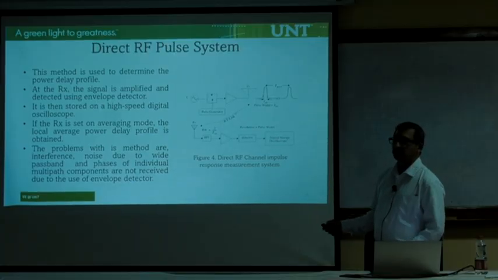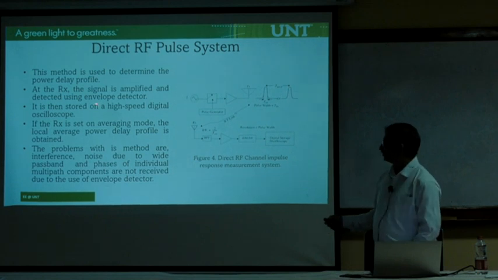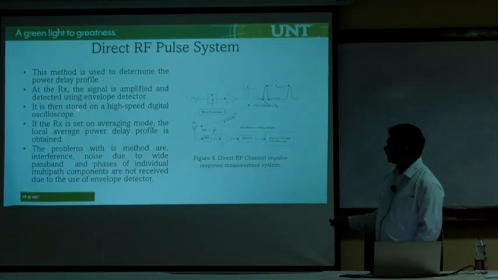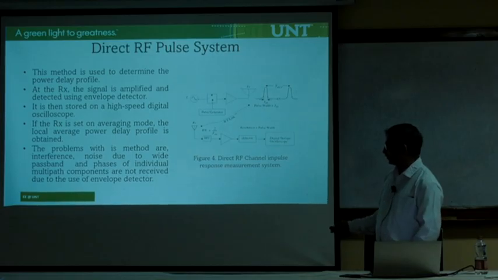If you remember any amplitude demodulation technique, you know what envelope detection is. Then it is detected and stored in the receiver, and you can average the received power over time. That means over different quantized delay values, you are measuring the received power.